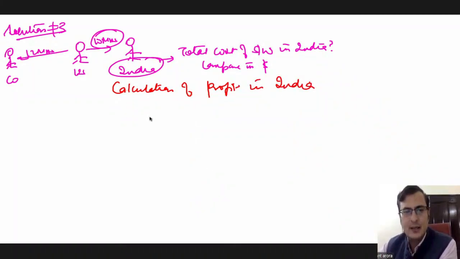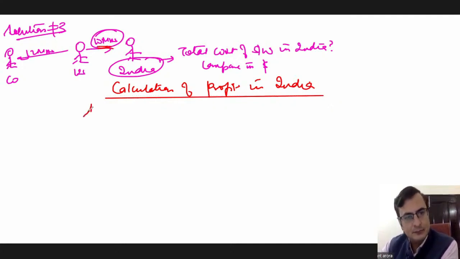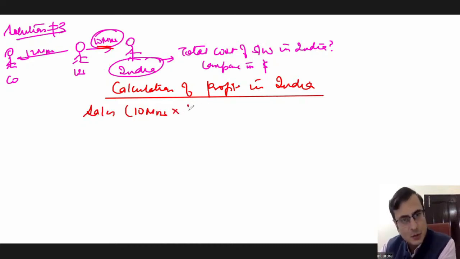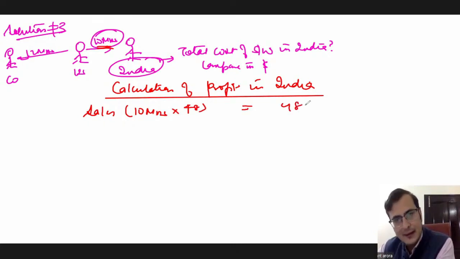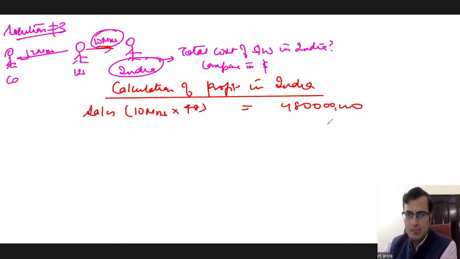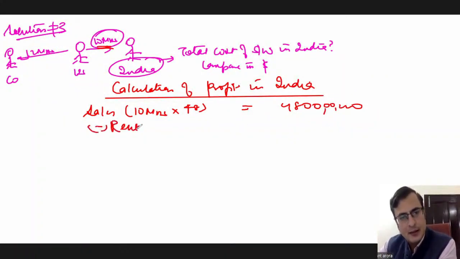Let's first calculate the profit. Then we can do the other thing. So, what is the sales price, beta? They are getting 10 million, and the rate is given to you as 48. So 48. Okay, reduced by rent.